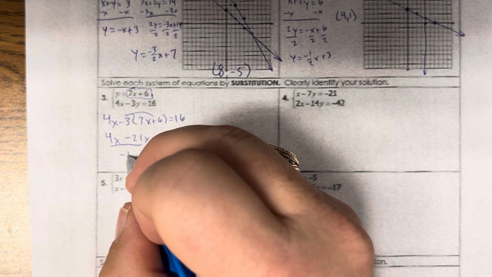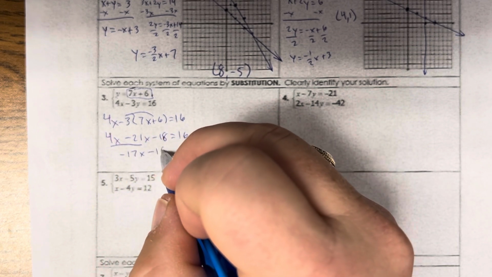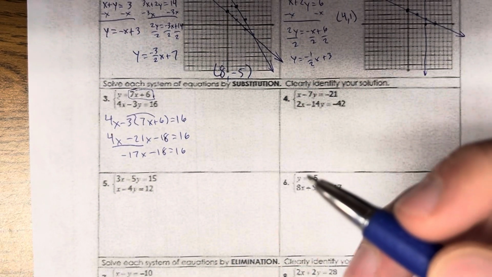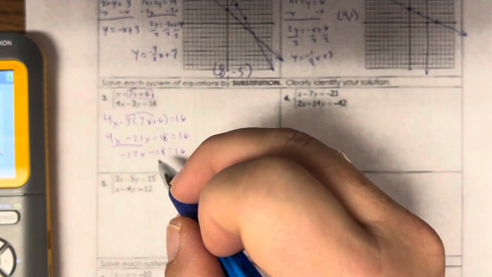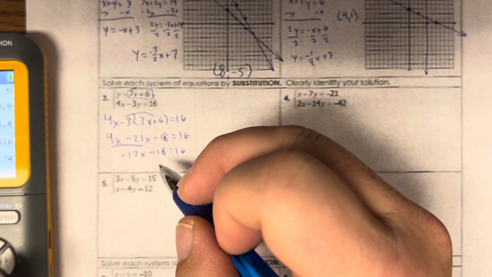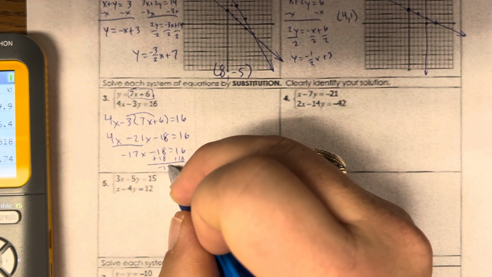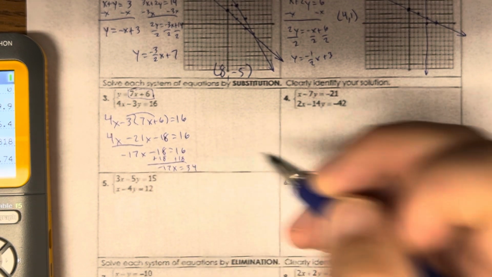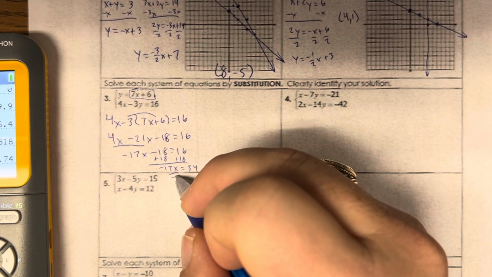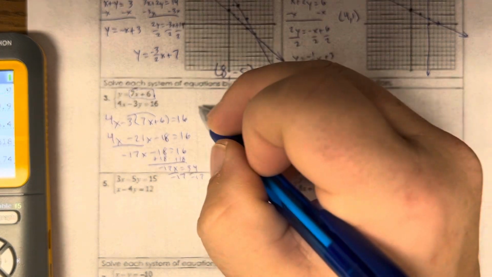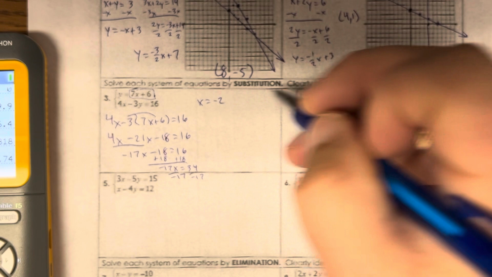We'll combine those to be negative 17x minus 18 is equal to 16. And then we'll add the 18 over, which gets negative 17x is equal to 34. And then when we divide by negative 17, you get x is equal to negative 2.